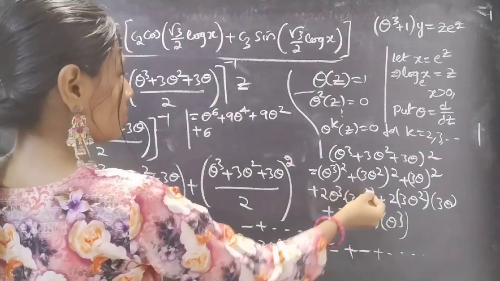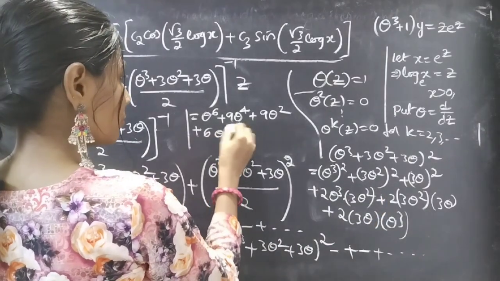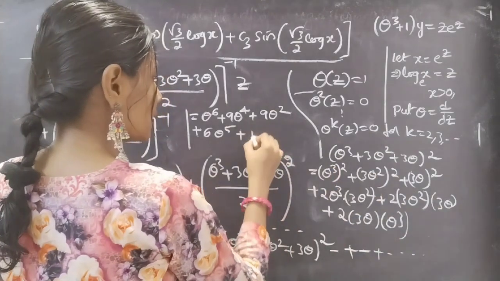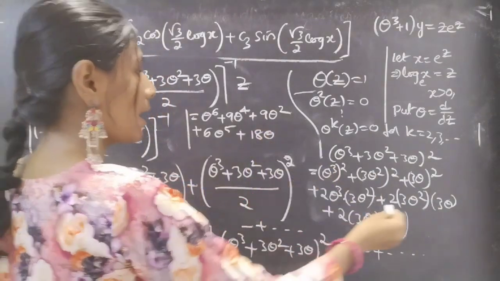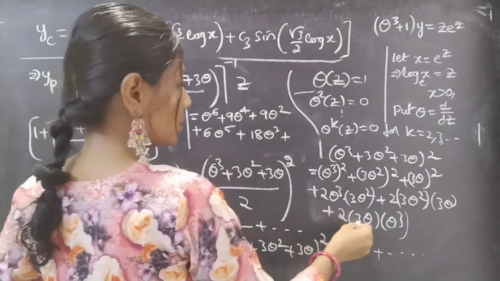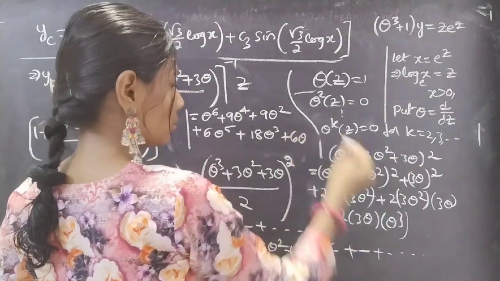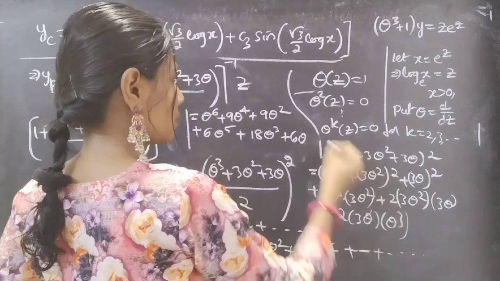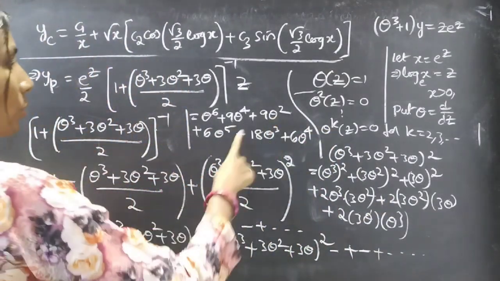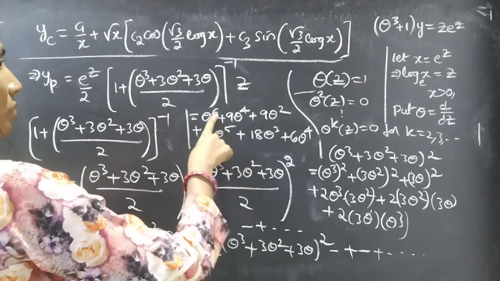Add the powers, 3 plus 2 you'll get theta power 5, plus 2 3s are 6, 6 3s are 18 theta power, add the powers, 2 plus 1, 3, plus 2 3s are 6 into theta power, add the powers, 1 plus 3 is 4. So you got higher derivatives, theta square, cube, power 4, 5, 6.